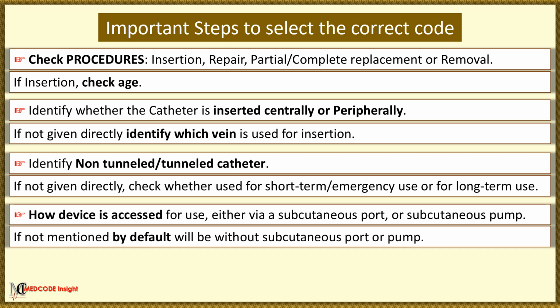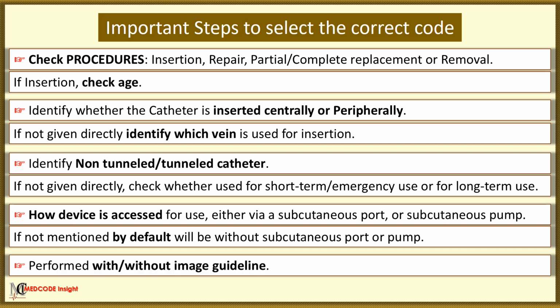Next, you need to check how the device is accessed for use, either via a subcutaneous port or a subcutaneous pump. If not mentioned, by default it will be without subcutaneous port or pump. Finally, determine whether the procedure is being performed with or without imaging guidance.